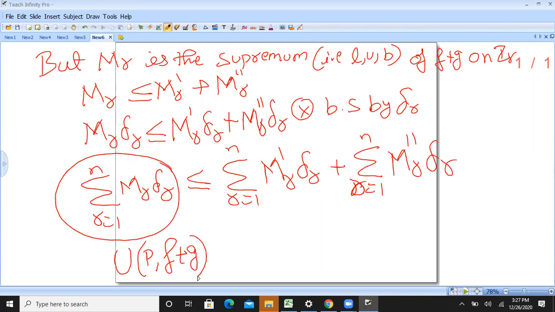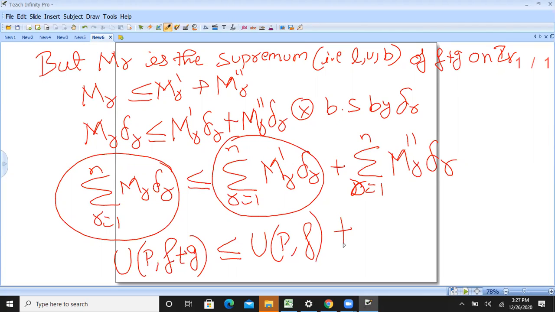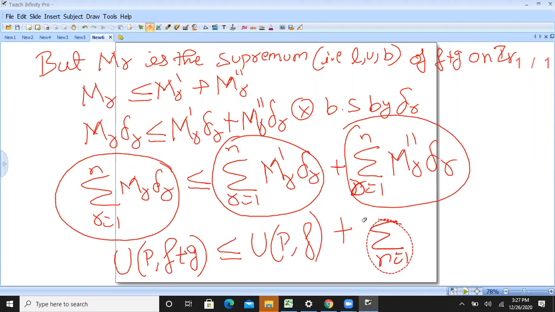U of P comma f plus g is less than or equal to this whole term, which is nothing but U of P comma f plus this whole term, U of P comma g. Okay, this is your first proof in a statement of this.